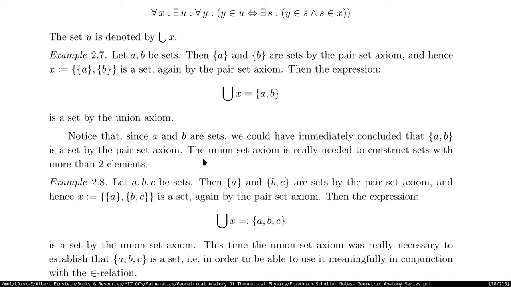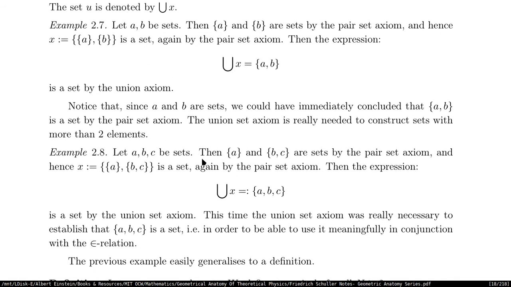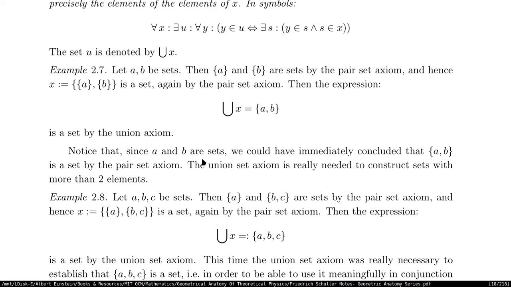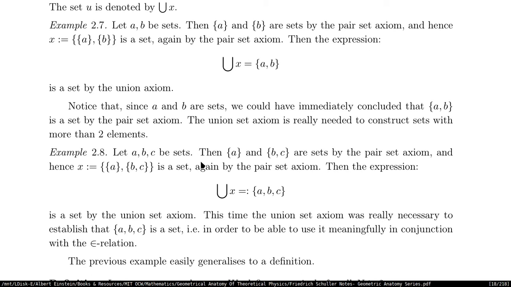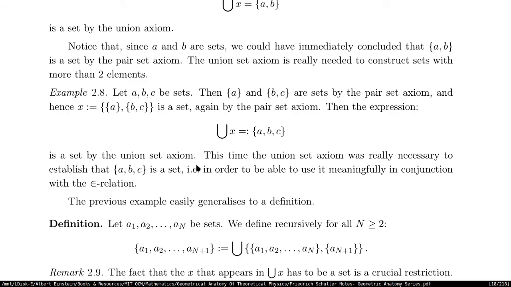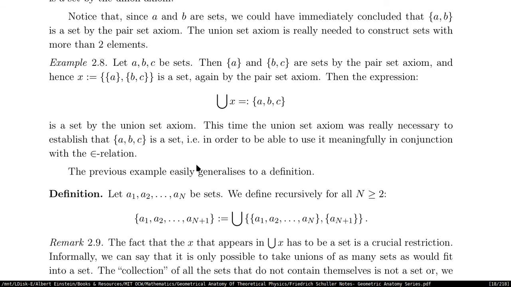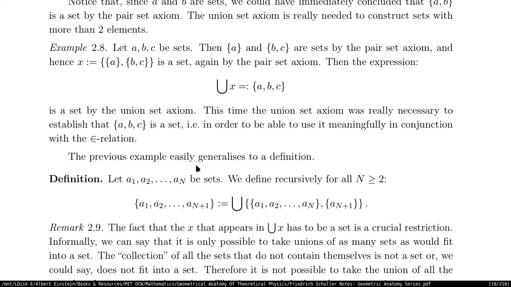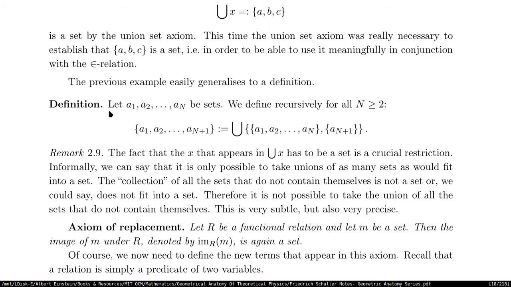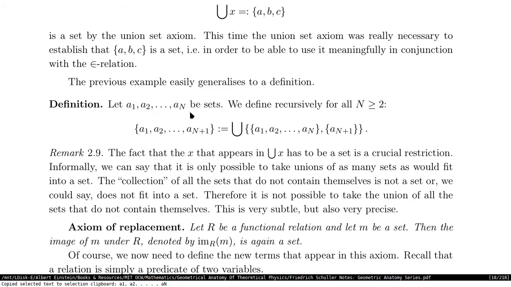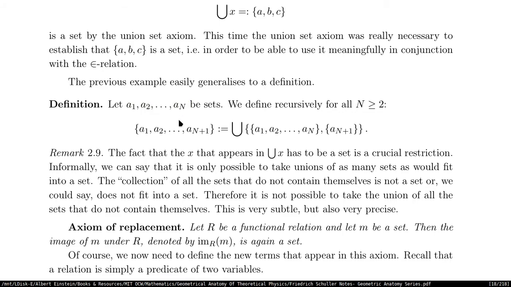So the examples are pretty much straightforward, or they either are straightforward or they need a lot of axioms to conclude them. But you try to repeatedly apply the axiom. This one is an interesting one. If you have n sets, a1 till an, you can define recursively this kind of relation.